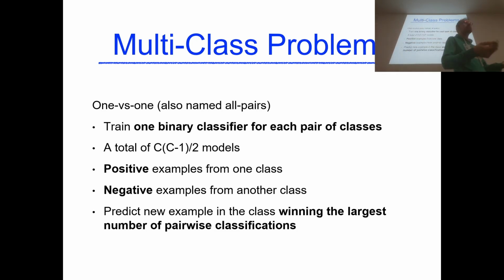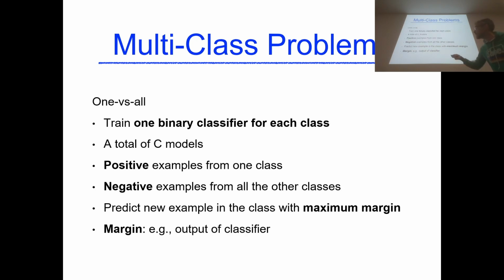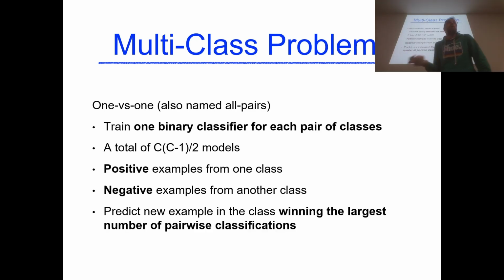Okay? Obviously, you can have ties. Even here, you can have ties. You can have multiple classifiers with the exact same margin. So you need to find a strategy to resolve ties.